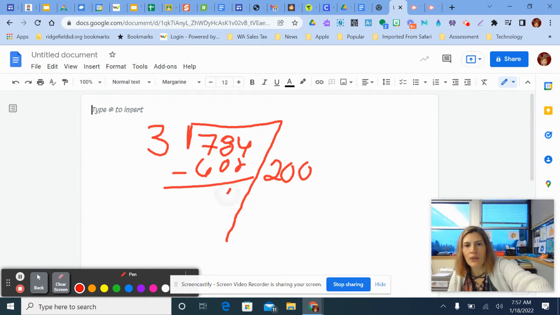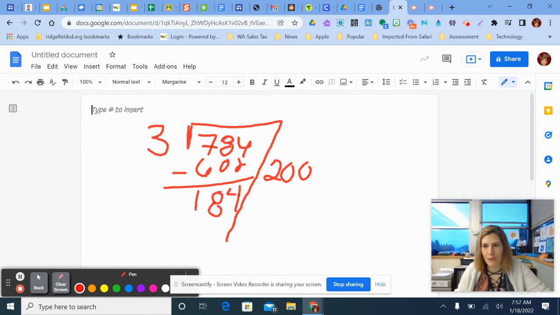So now I know that I have 184 left. Now I know 3 goes into 18. So if I think about my multiples of 10, if 3 times 6 is 18, 3 times 60 is 180.